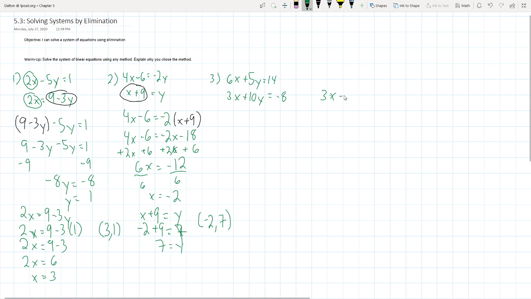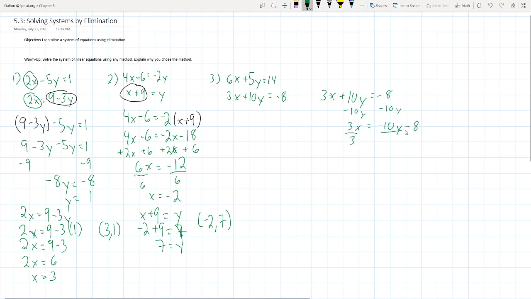Okay, so I have 3x plus 10y equals negative 8. Going to subtract 10y from both sides. So I get 3x equals negative 10y minus 8.